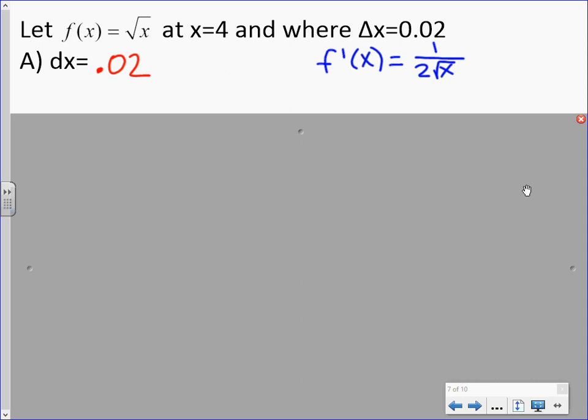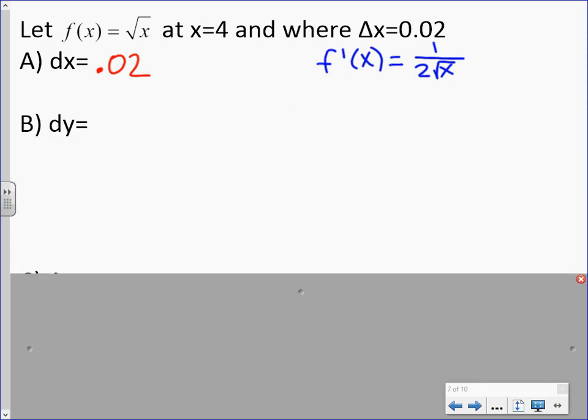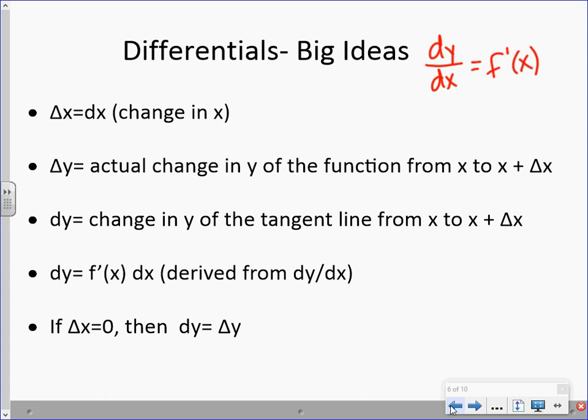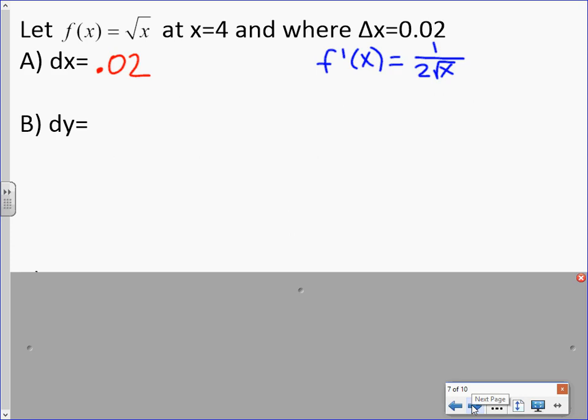So when we talk about dy, remember back here on this slide, dy is f prime of x dx. We basically take dy dx and we separate the dy and the dx. So dy is f prime of x dx, which in this case means dy equals 1 over 2 radical x dx.